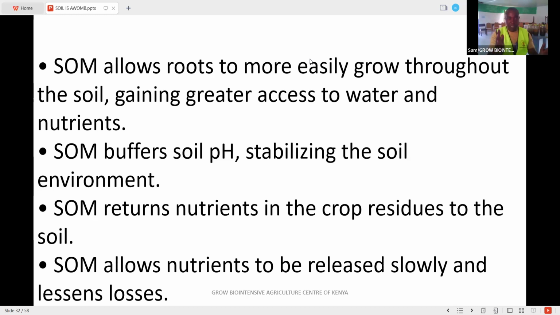So it goes from the lower scale. It lowers the pH, which becomes dangerous for your soils. So the more organic matter you add in the soil, it reduces the hydrogen ions, and so it stabilizes your soil environment.